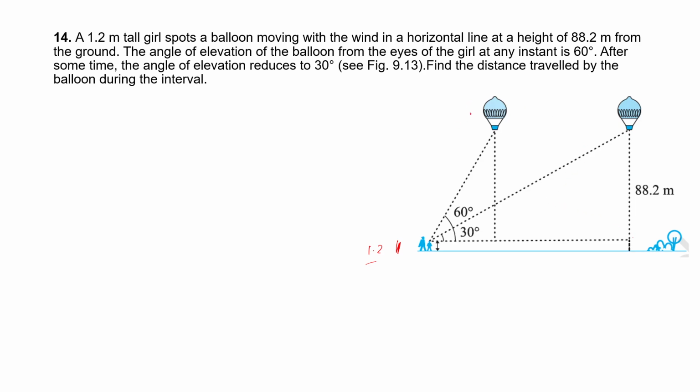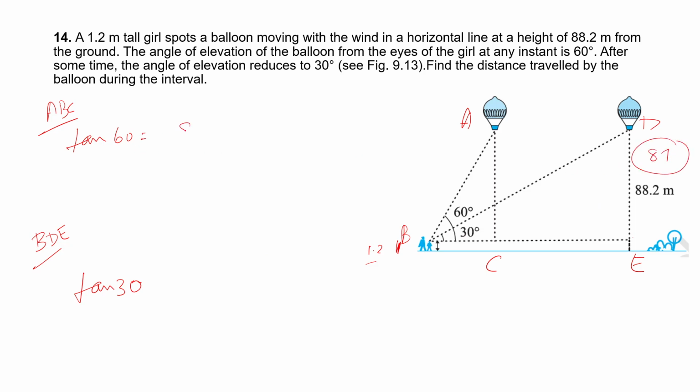So you can mark this as A, B, C, D, E, and take two triangles, ABC and BDE. Take tan 60 and tan 30. Then 88.2, after subtracting this 1.2, will become 87 only.